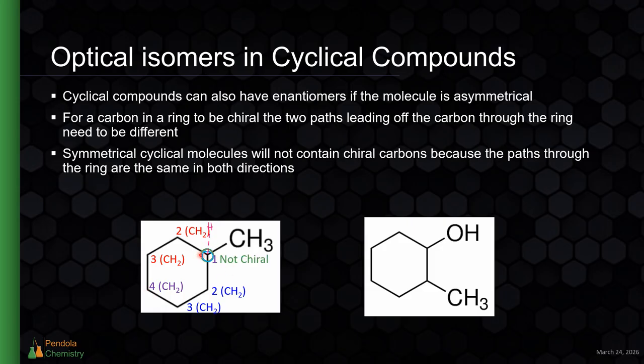Meaning that this is not a chiral center in this compound. Because even though you have an H and a CH3, the 2 paths that form the other 2 attachments are identical to each other. We're going to have a CH2, CH2, CH2, CH2, CH2 for the bottom path, and a CH2, CH2, CH2, CH2, CH2 for the top path.